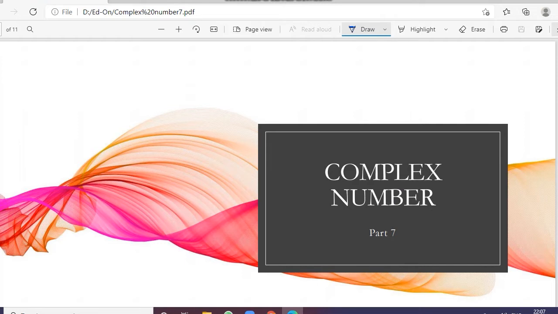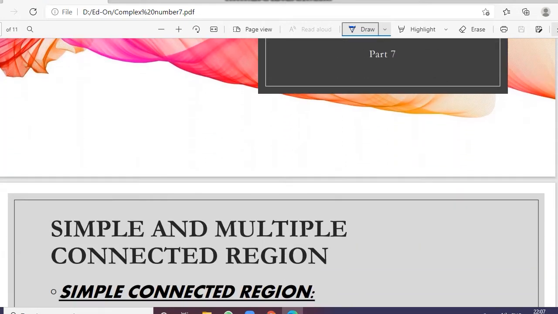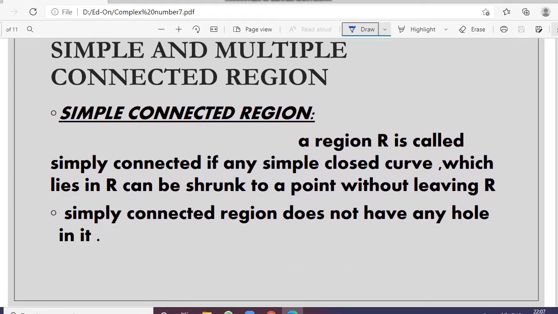In this video, the first topic of the day is simply and multiply connected regions. First, we're going to talk about a simply connected region. A simply connected region is a region which can be shrunk to a point without leaving it. Let me explain. Suppose this is a curve, this is a region R and this is a region R1.